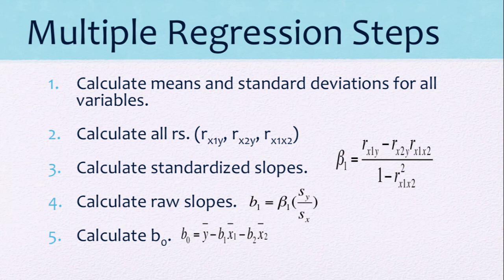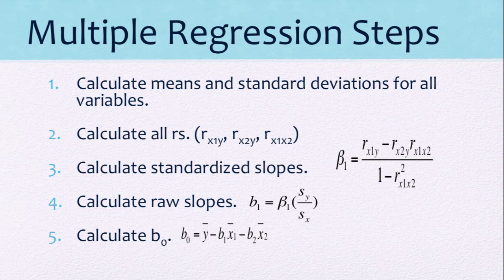Following this, you're going to want to calculate all of your validities, or all of the relationships between each of your variables. Third, you're going to then calculate your standardized slopes utilizing the validities. And here's an example of the standardized slope for your first predictor variable.